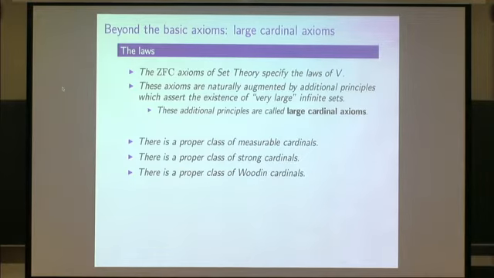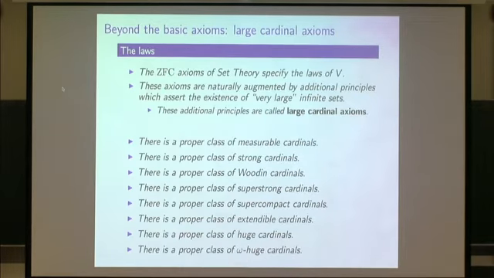My favorite, proper class of Woodin cardinals. Super strong, names aren't terribly imaginative. Then super compact, extendable, huge, omega huge, and these are just mileposts in the large cardinal hierarchy. Okay, so I'm just illustrating that there are a lot of these principles.